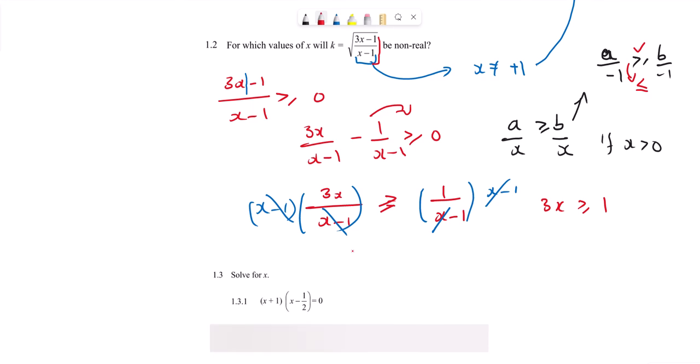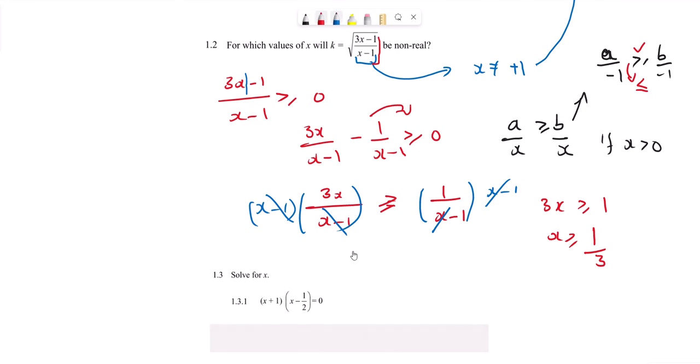So you simply do this: x is greater than or equal to 1 over 3. Here x is an element.